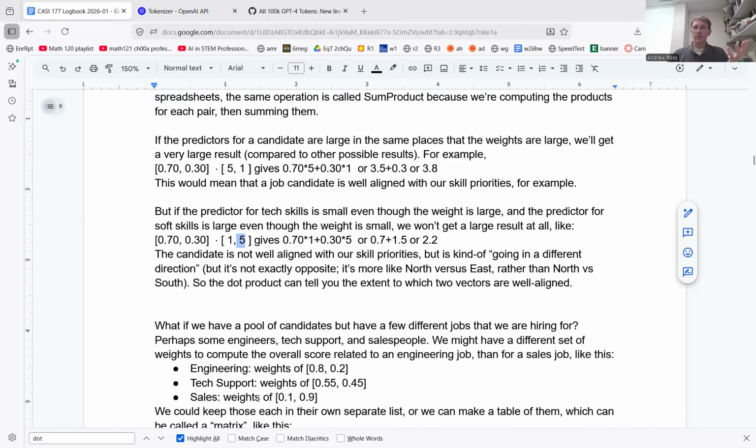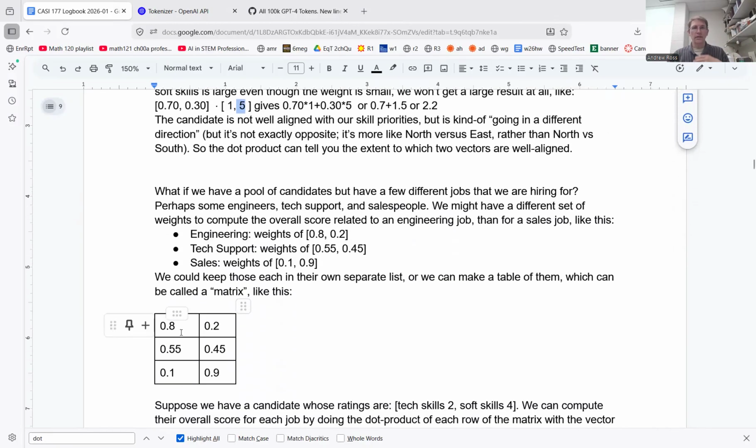Sales might have weights of 0.1 and 0.9. We could keep these each in their own separate list, or we can make a table of them, which we could call a matrix like this. So reading across the rows, 0.8, 0.2, next row, 0.55, 0.45, next row, 0.1, 0.9. So that would be a 3-row, 2-column matrix.